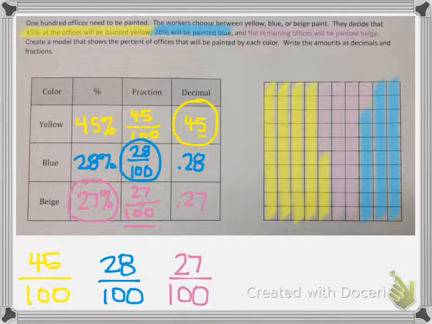So there are some tricks that we talked about, but the main idea is percents are a part-to-whole ratio that always compares to 100. So it's very much like a unit rate. Instead of comparing to 1 unit, we're now comparing to 100, and it allows us to compare different values.